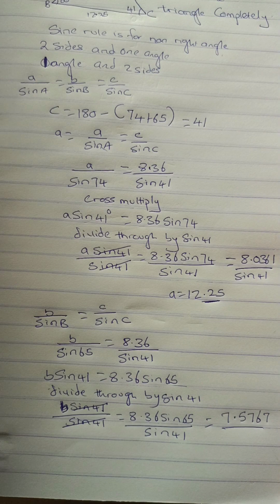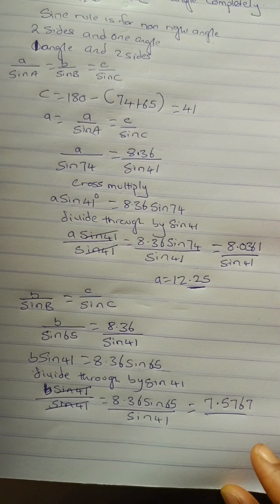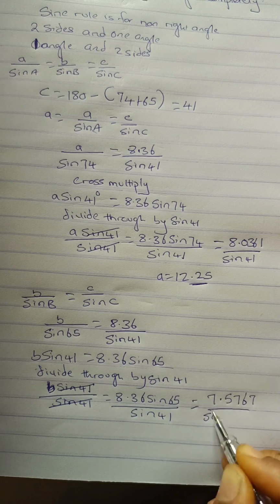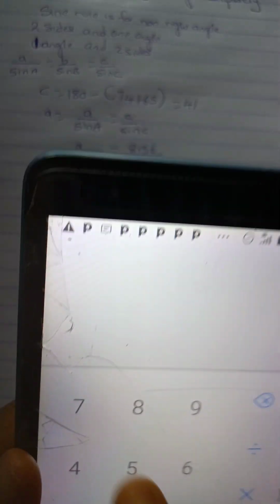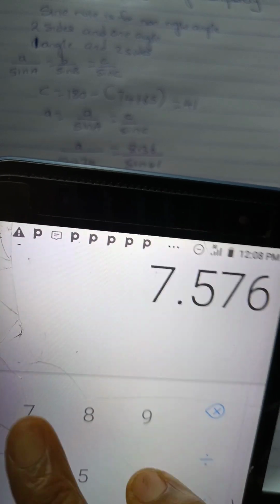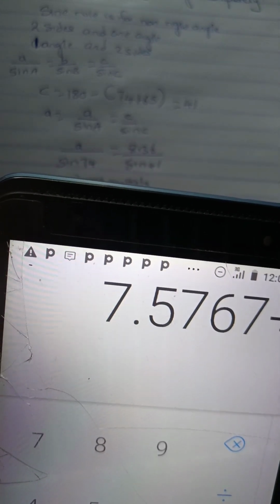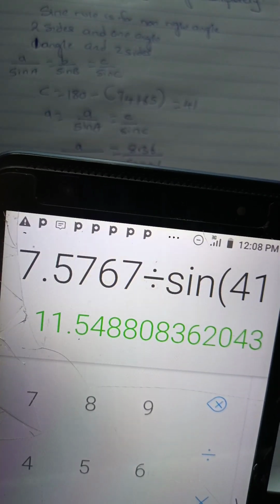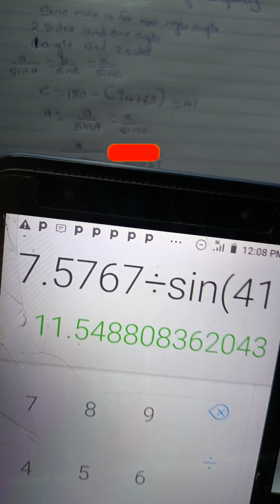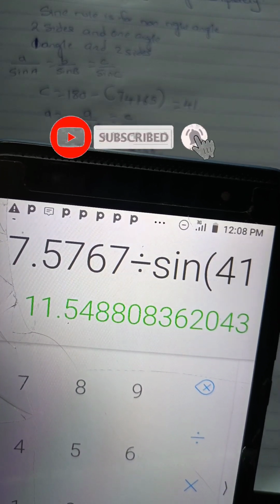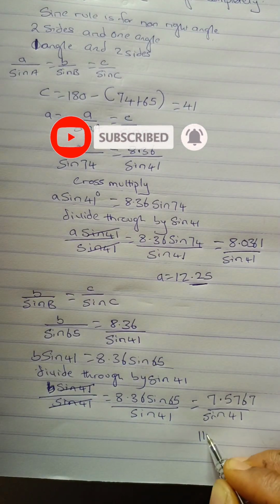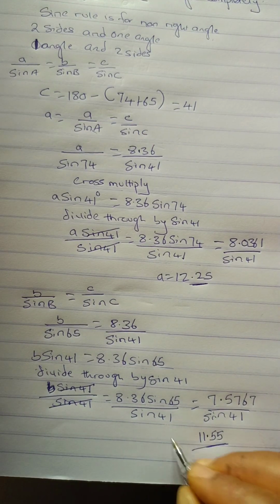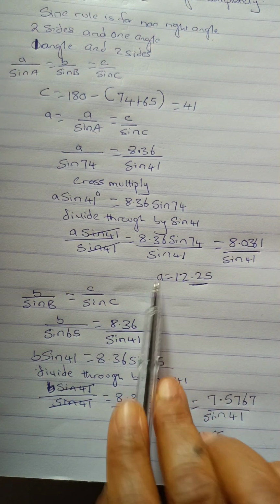Now divide by sine 41. 7.5767 divided by sine 41, and the answer will be 11.548, which we can convert to 11.55. So it's 11.55. So this is our b. This is a and this is b.